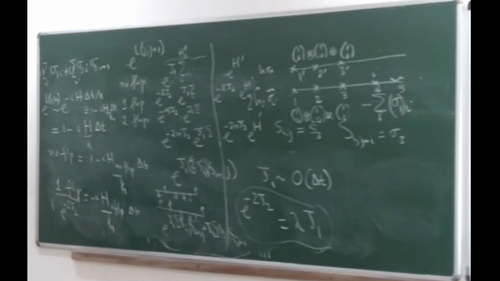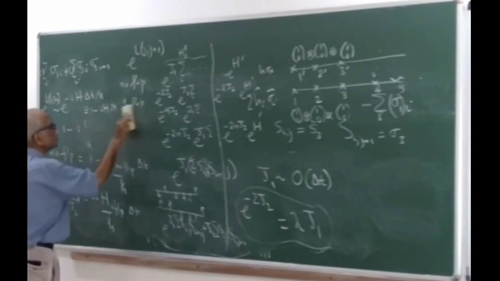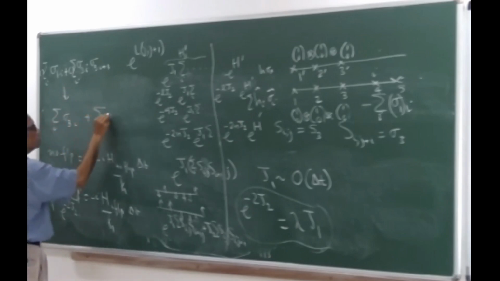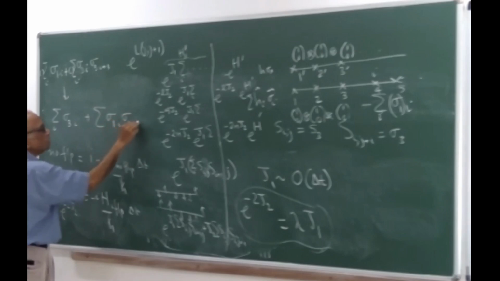So you can make a transformation, where 3 goes to 1 and 1 goes to 3. That's a transformation that one can do. So it is common to write this as sigma 3 I, summed over I, and a summation of sigma 1 I and sigma 1 I plus 1.